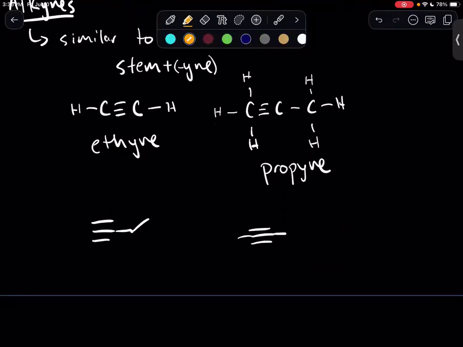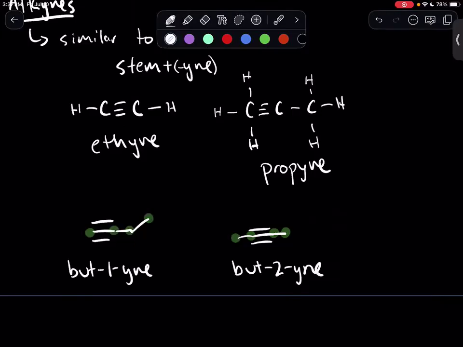So if I highlight our carbons, 1, 2, 3, 4 carbons, and 1, 2, 3, 4 carbons, these are both butanes, so these both are types of butynes. But this is but-1-yne, and this is but-2-yne. So we have to make sure that we're keeping this straight as we move through.